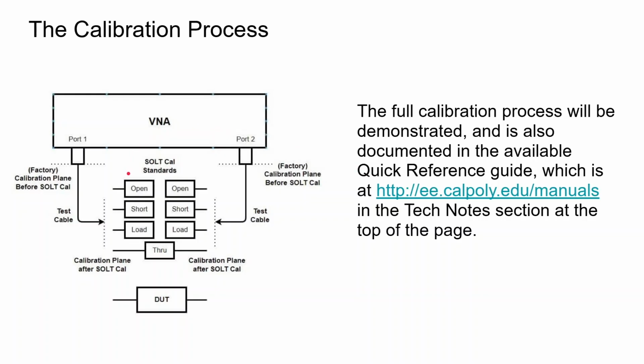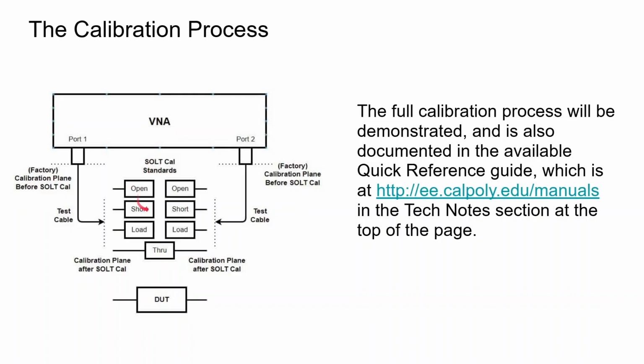The process, fundamentally stated, is we've got an open, short, and a load if we're doing a single port calibration. And we apply each one of these to the connection and tell the instrument, okay, I've connected the open. All right, I've connected the short. Okay, I've connected the load. It does some measurements, builds its tables based on what it knows, and then prompts you for the next one.